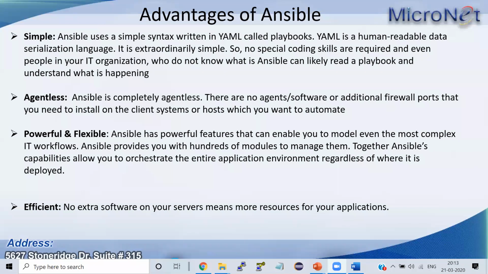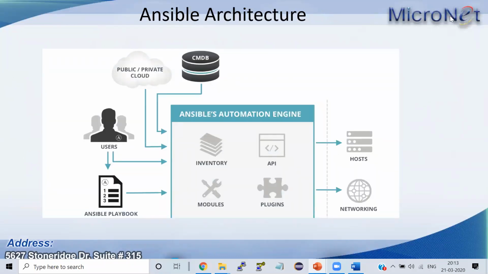The third is that it is very powerful and flexible because you can easily modify using YAML. And the fourth is that you need not have much extra software on your resources and hence it is easily deployable. So this is the architecture of Ansible I want to look into.